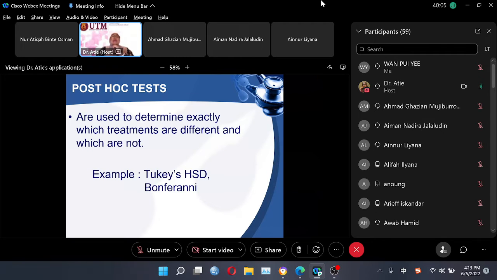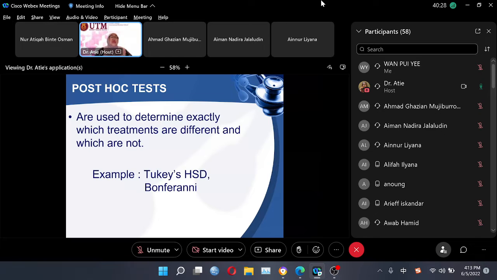The next one that I would like to mention is something called the post hoc test, right? So you will be wondering, what is this? We have the Levene test, we have the ANOVA test, and the next one we have the post hoc test.